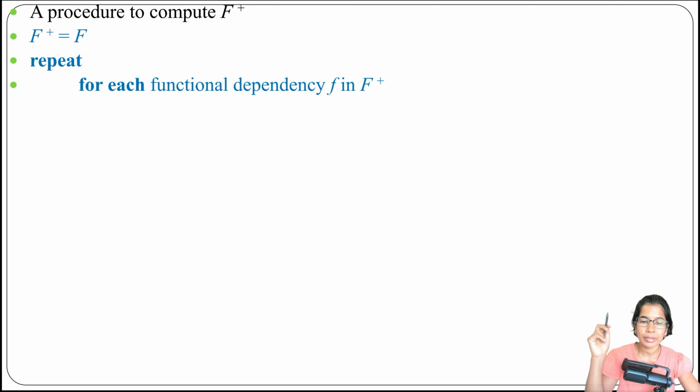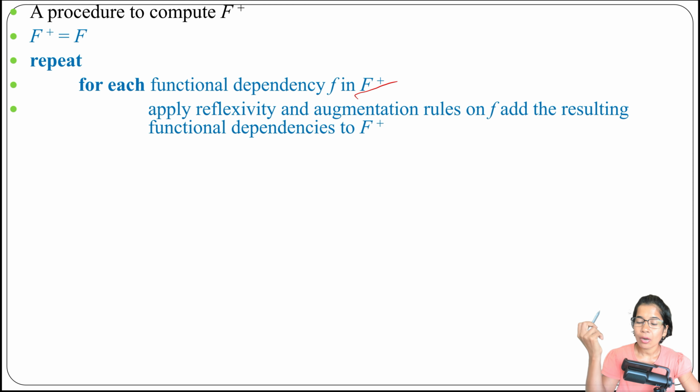Let's see the algorithm for functional dependency closure and attribute closure. F plus equals F. Repeat for each functional dependency f in F plus. F plus means closure of functional dependency. Apply reflexive and augmentation rules to f and add the resulting functional dependencies to F plus.